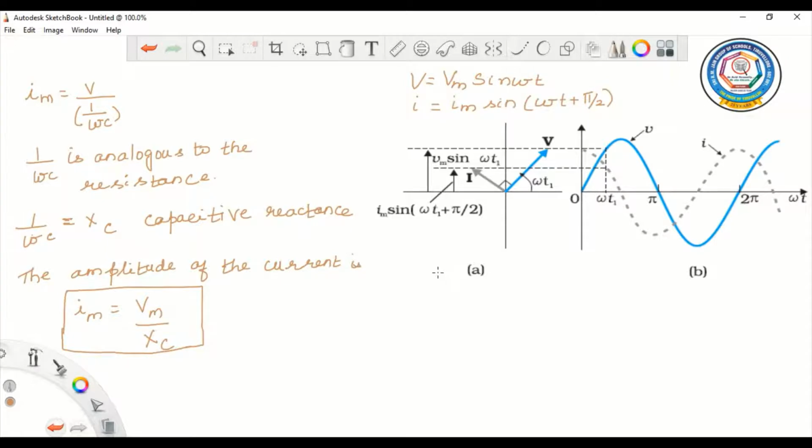So here is the phasor diagram. This is the phasor diagram for the purely capacitive circuit.